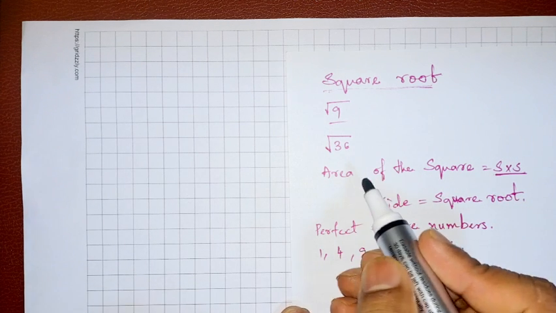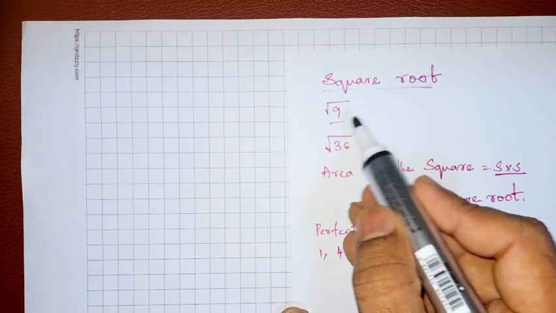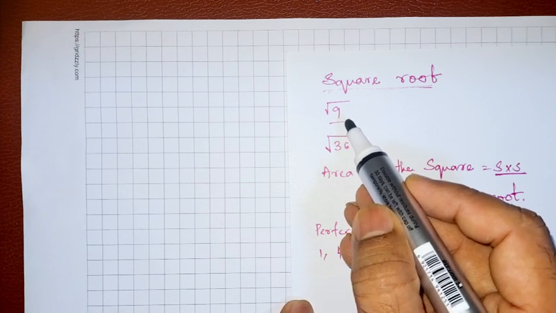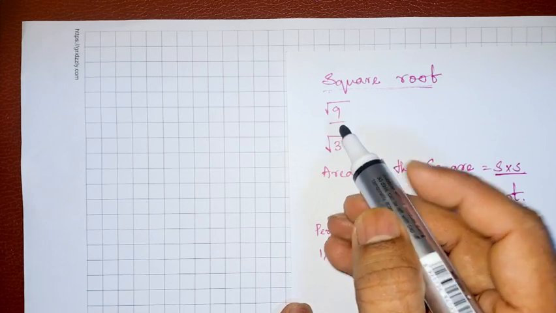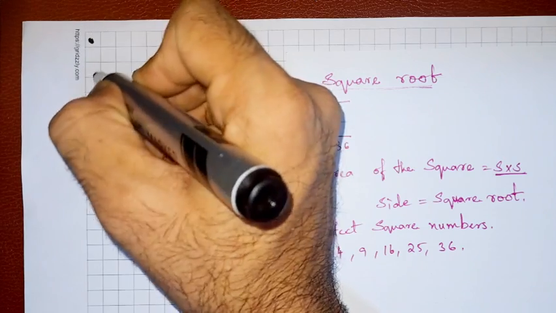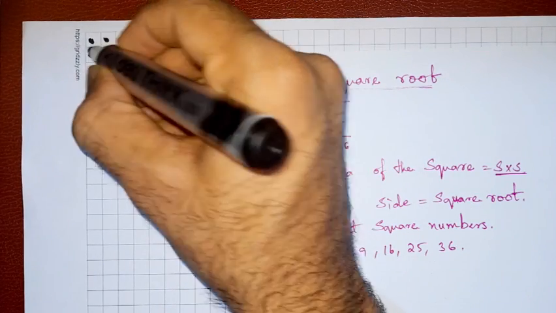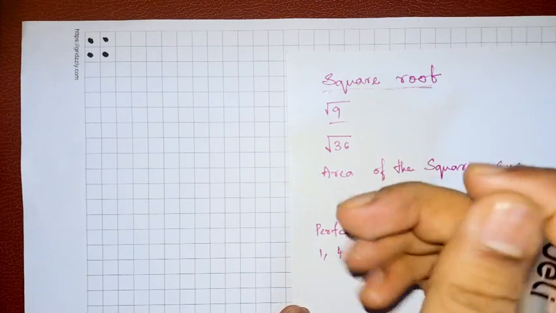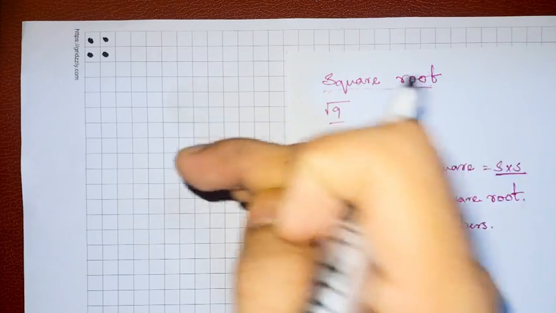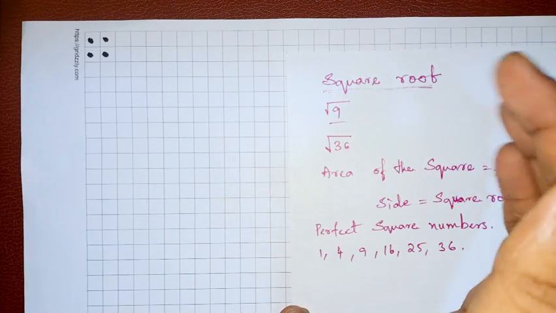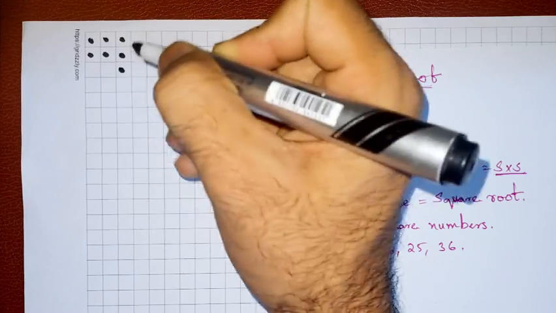Now let us find the side of the square whose area is 9. First, I put a dot on one box. As you can see, I have dotted 4 boxes, which forms a square, but it is not giving me 9. So again I put the dots.